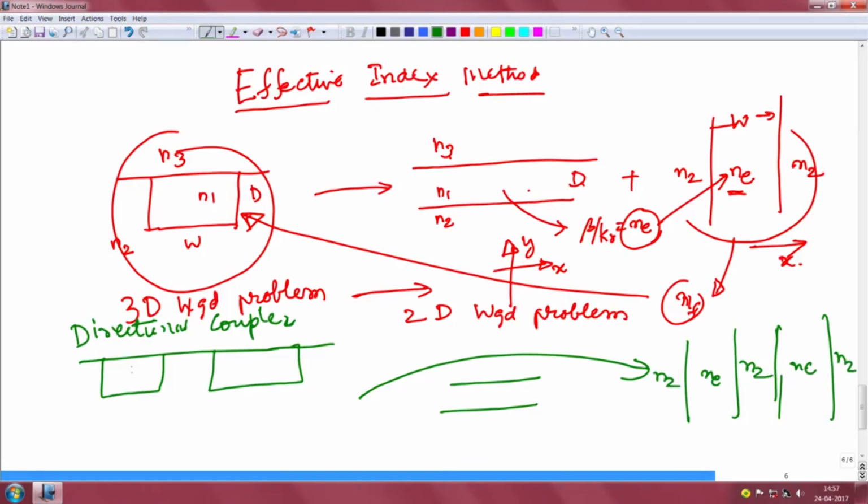So, a 3D waveguide problem is reduced to a 2D waveguide problem. There are several ways to solve this multi-layer slab waveguide problem. So, we would summarize all these things in the next few slides. Thank you very much.